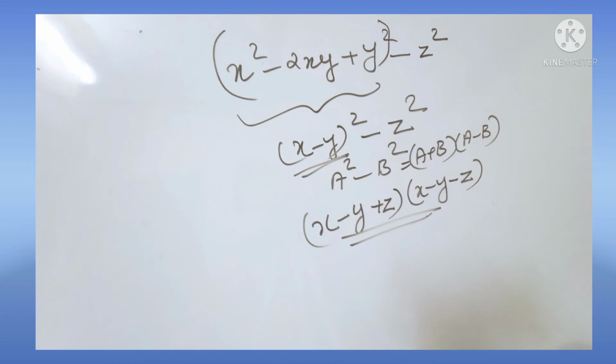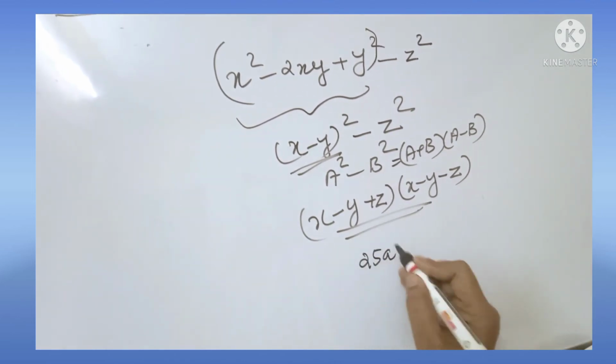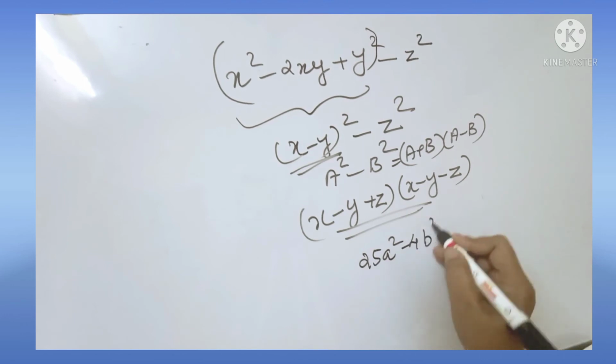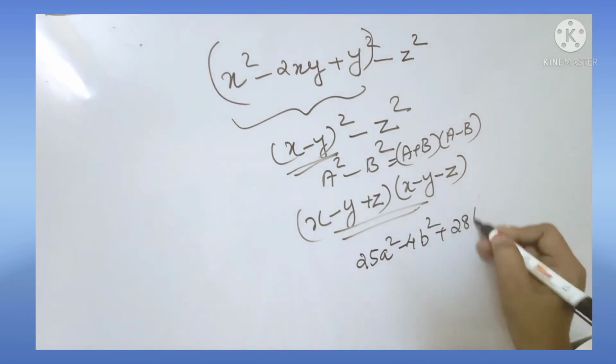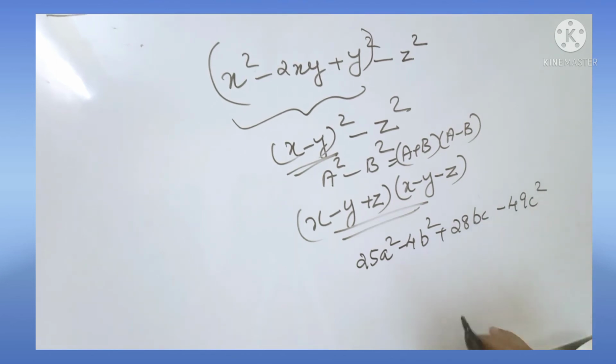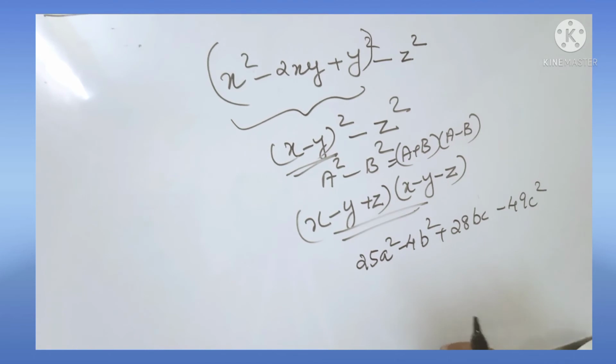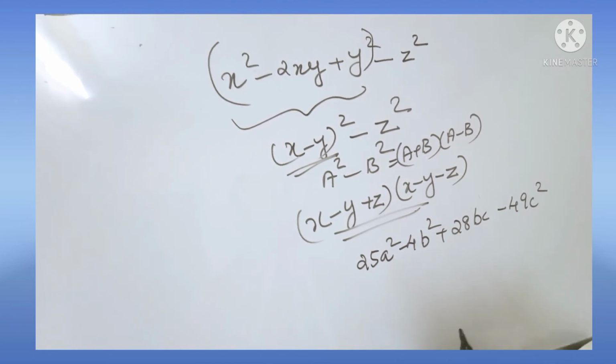The next one, 25a square minus 4b square plus 28bc minus 49c square. Here we want to check which form we want to apply.